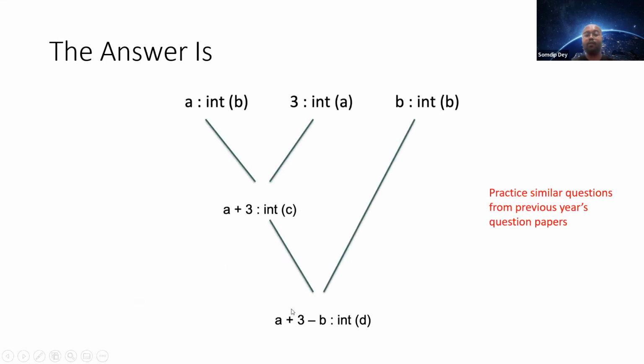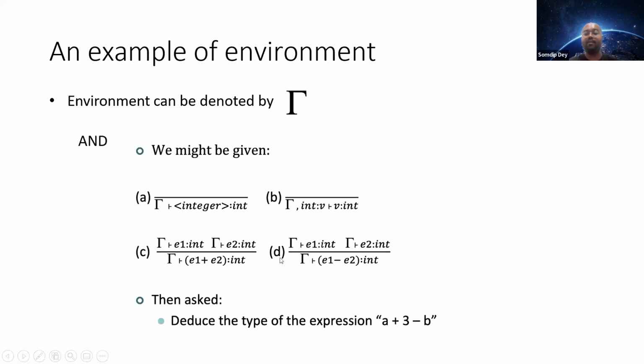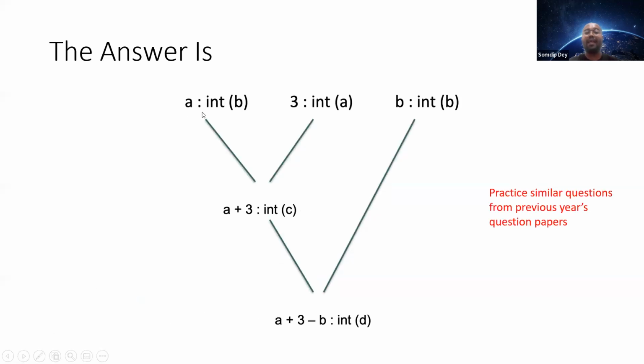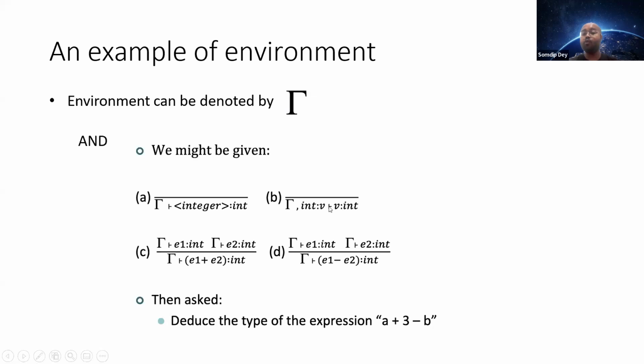So as you can see, you have the full expression, which is a plus 3 minus b, but you start by breaking it into different parts of the expression and deducing each type. As you can see here, we have the rules a, b, c, d. From a plus 3 minus b, you have the first part, which is the variable a. That falls within rule b, which is here, and from rule b you know it is of type integer.